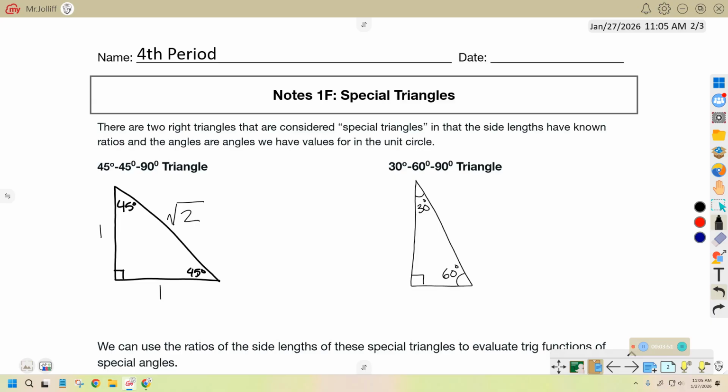These side lengths are a little bit weirder. The shortest leg is a 1. If the shortest leg is a 1, the hypotenuse is a 2, and the longer leg is a square root of 3. 1, 2, square root 3.